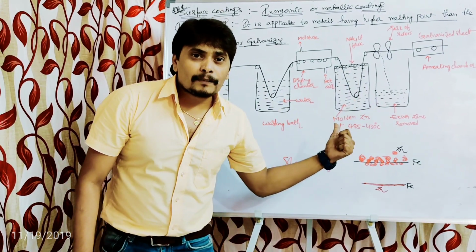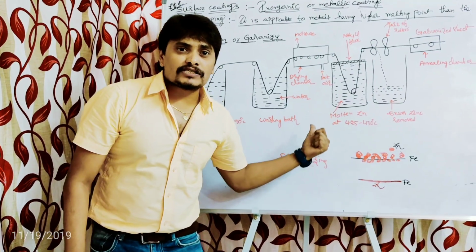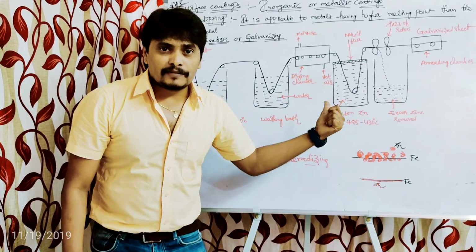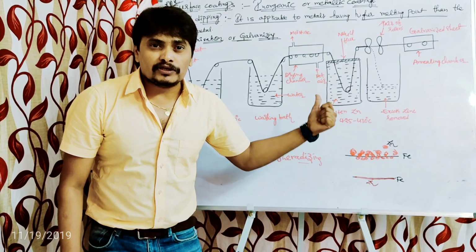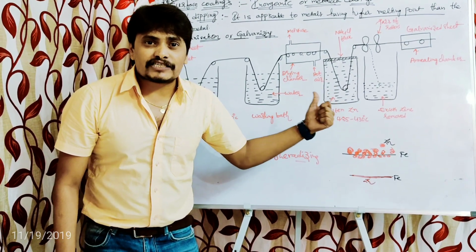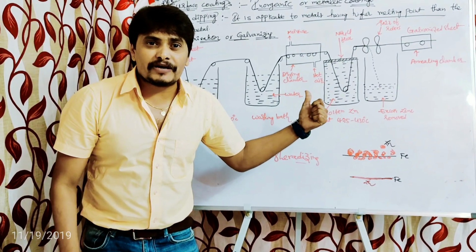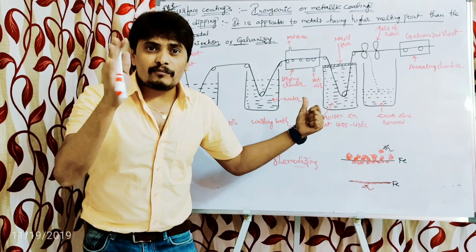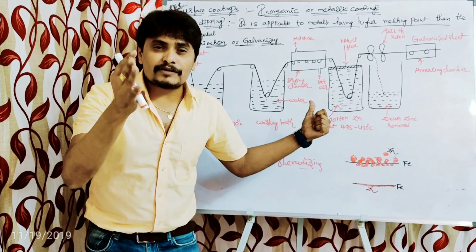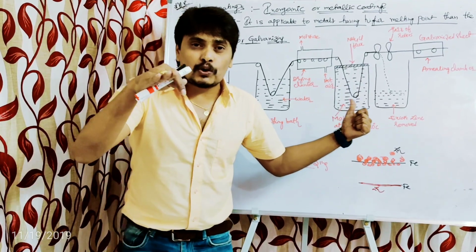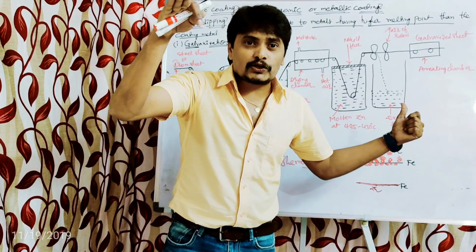And here, by means of the second process, that is washing the iron sheet, in order to remove the 100% of sulfuric acid molecules from the surface of the base metal, we are not removing the 100% of sulfuric acid because the iron is also above the hydrogen in the electrochemical series.